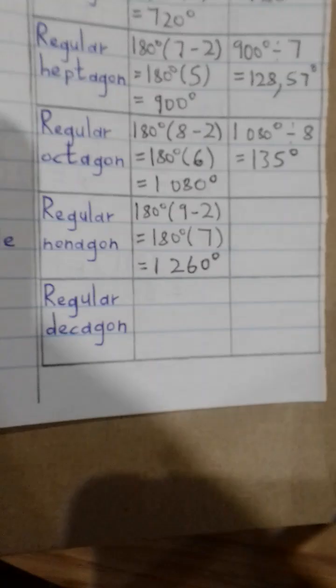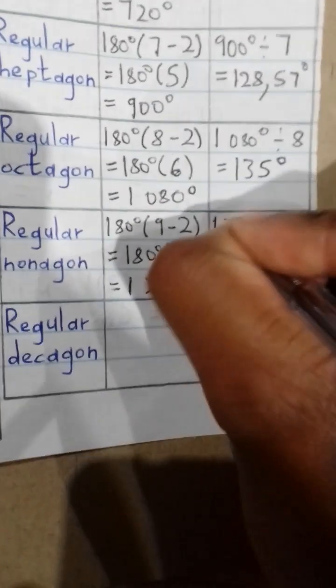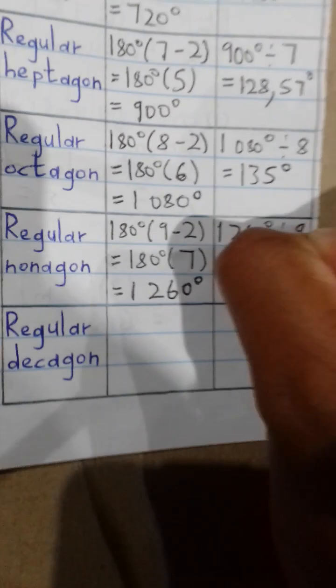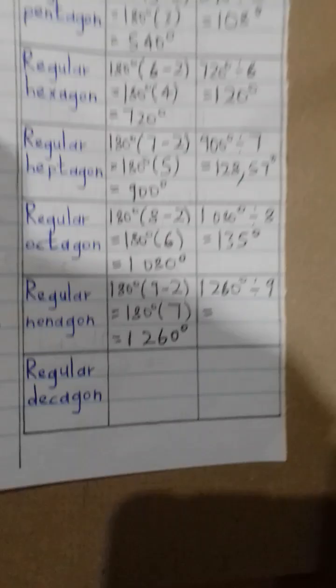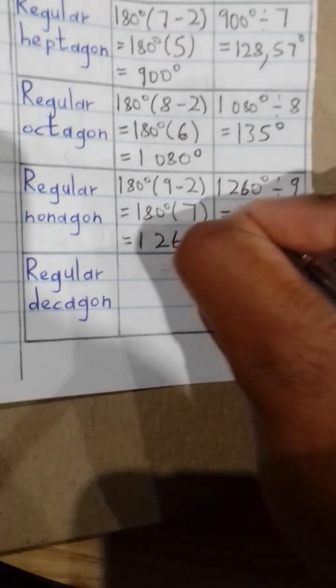So the size of each interior angle of a regular nonagon is going to be 1260 degrees divided by 9. It's going to be 140 degrees.